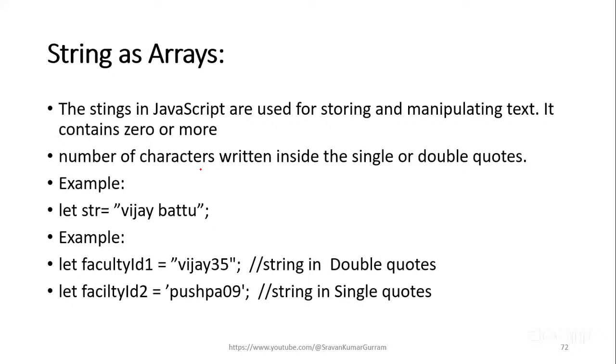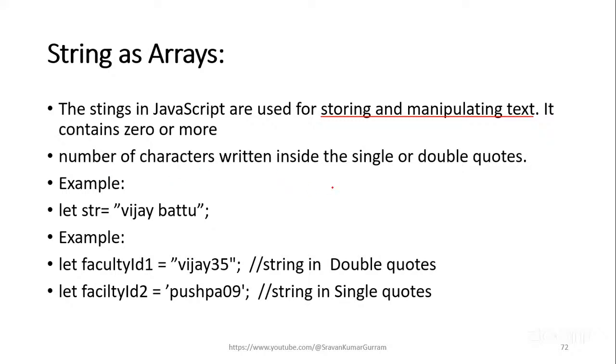The definition of a string is a collection of characters, or a group of characters, and that is used to store and manipulate text. A group of characters is nothing but multiple characters we are storing, and the string data type is used to store and manipulate the data, where the data is text in this case.